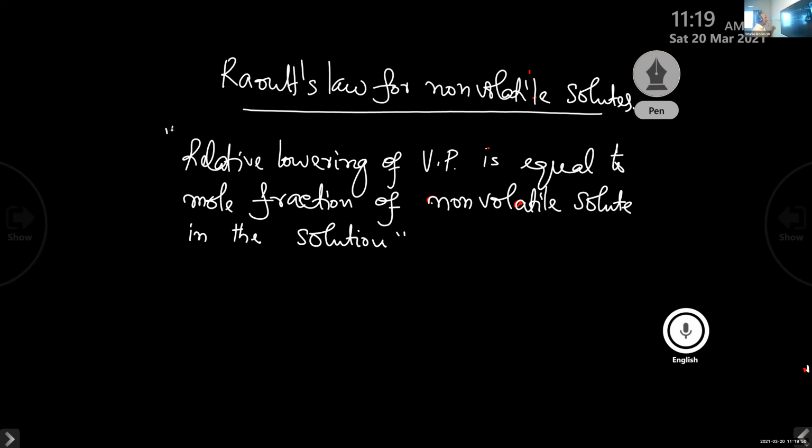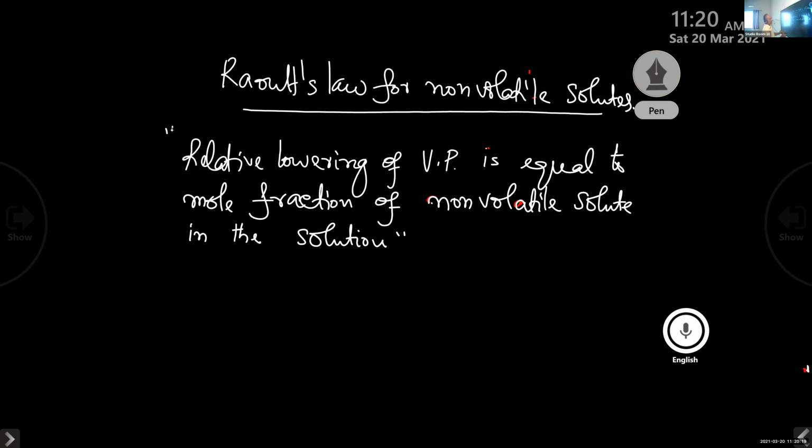Now we come to another statement of Raoult's law, for a solution containing a non-volatile solute in a volatile solvent. And the relation is this: relative lowering of vapor pressure is equal to mole fraction of the non-volatile solute in the solution.